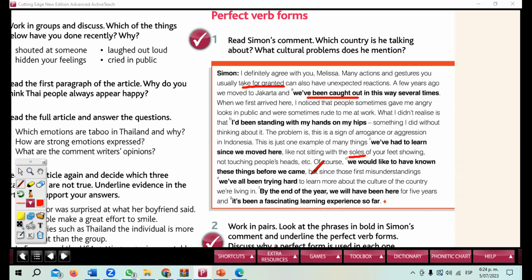By the end of the year, we will have been here for 5 years, and it's been a fascinating learning experience so far. Okay, so it's about culture clash, right?